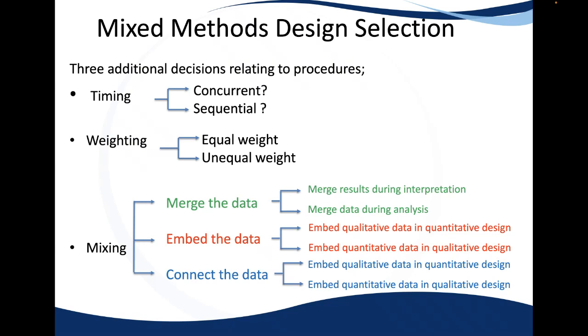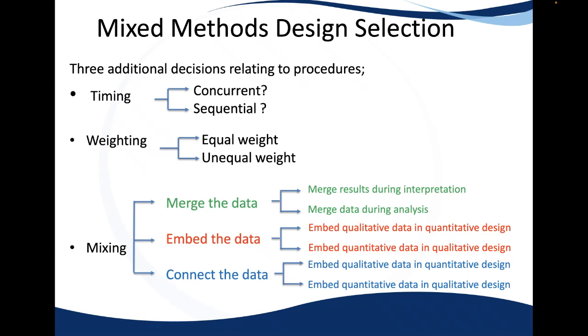So when we go back to that issue of weighting, in an unequal weighting study, if the study has much more quantitative elements than qualitative elements, then you are likely to be embedding the qualitative elements into the quantitative data. These ways of mixing are important because later on they help you to decide how you write about your study, how you analyze your study, how you draw inferences from it, and the methods of analysis that are available.